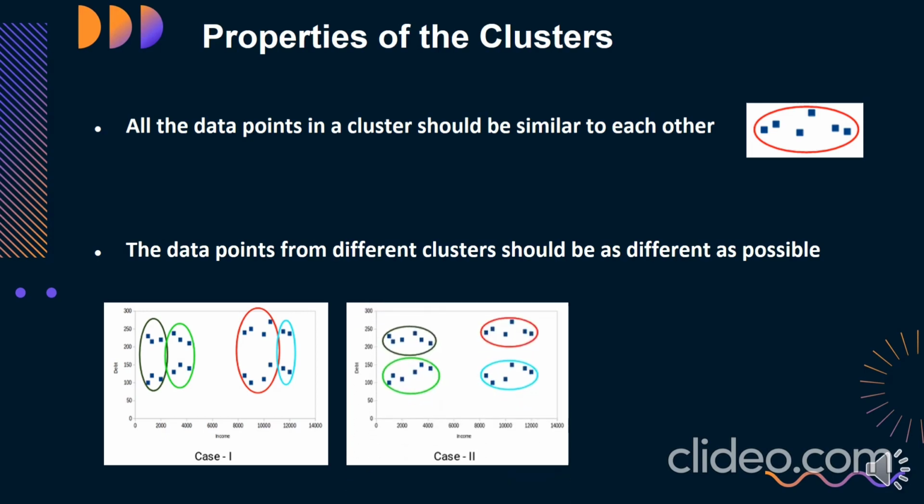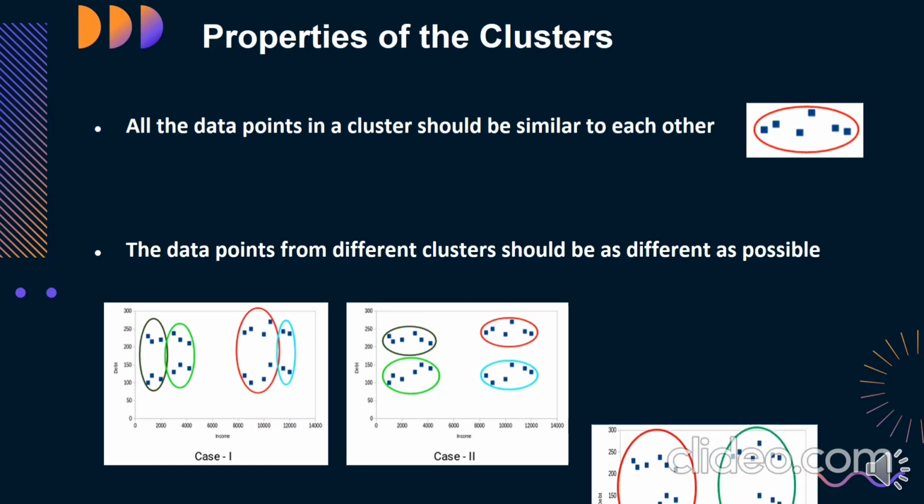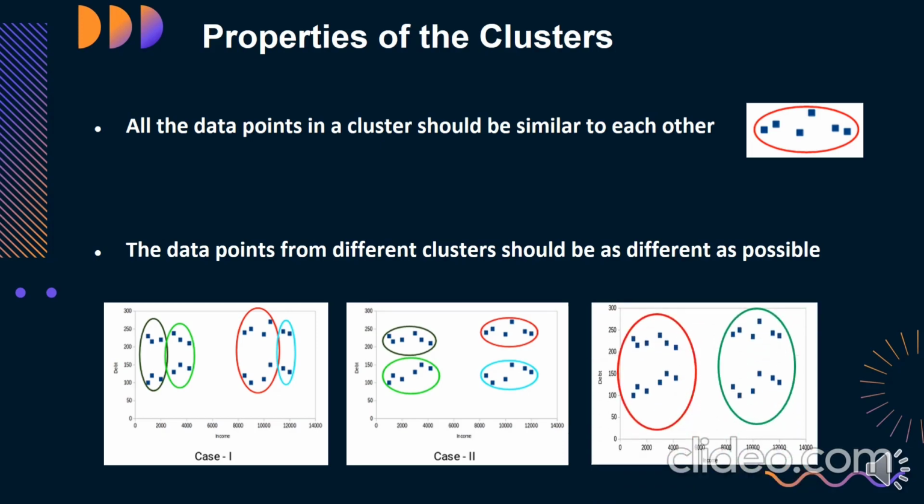While in the second case, we can see that the points in the different clusters are quite far away as compared to the first case. And finally, in this third case, the points in the clusters are as far away as possible, but the drawback here is that we only have 2 clusters, which is a bit too less for making a marketing strategy.